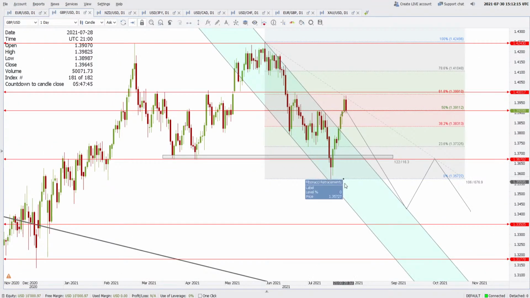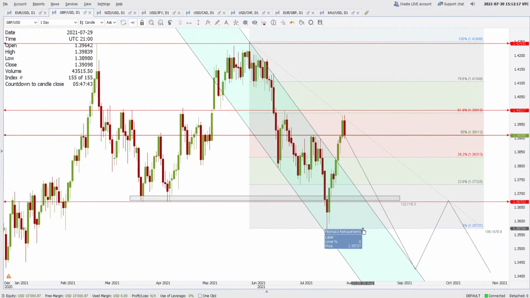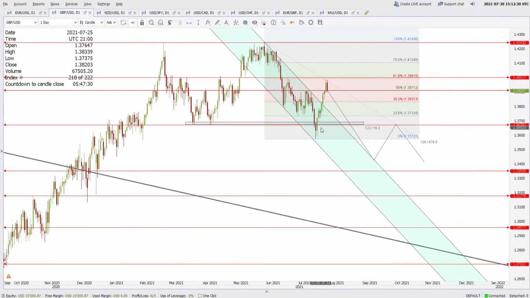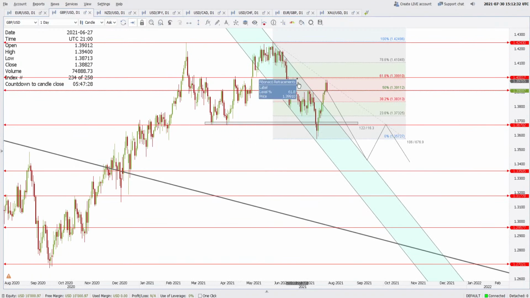talking about the Great Britain pound. Yesterday we had made some statements about this, that if 50% does not hold, because it was not holding yesterday and the price was trading up, what is the possibility that the price will go up or down now? You see, the structure of the market we had discussed is already down.